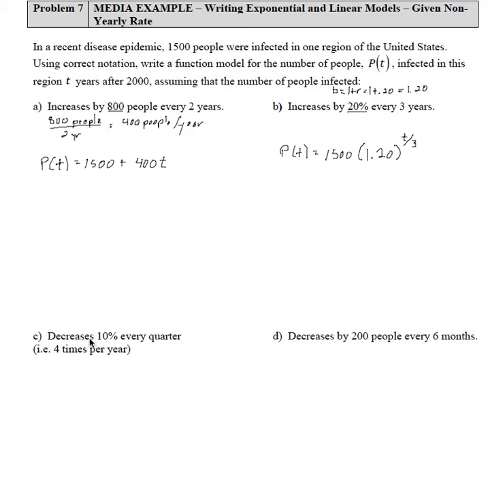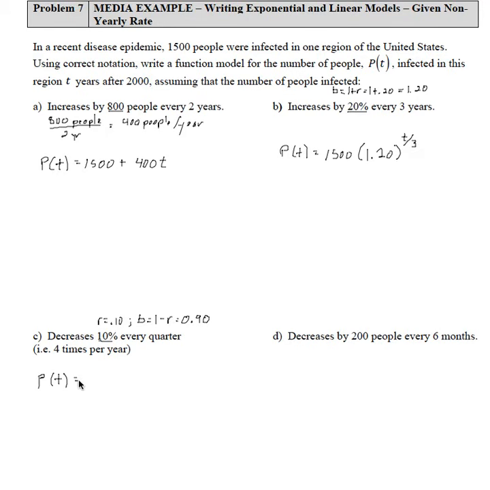Part C, the number of people infected decreases 10% every quarter, or 4 times per year. So again, because I have a percent value, I know that's an exponential decrease. My R value is 0.10. So B is 1 minus R, which is 0.90.